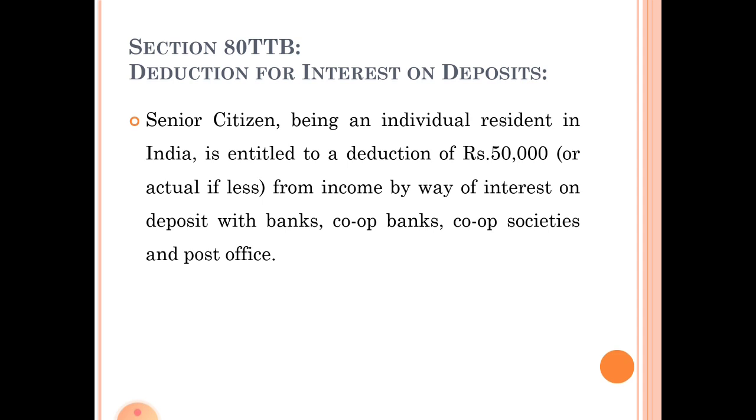Here also a senior citizen can maintain a bank account with the banks or cooperative banks or cooperative societies or post office. So, this is relating to section 80TTB, deduction for interest on deposits for senior citizens.